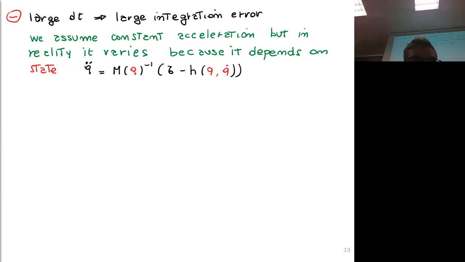Therefore, if we take the integration step too big, this approximation is no longer valid. While if we take it small, we can assume that the inertia matrix and the Coriolis term don't change so much, and so the acceleration is approximately constant through the whole integration step.